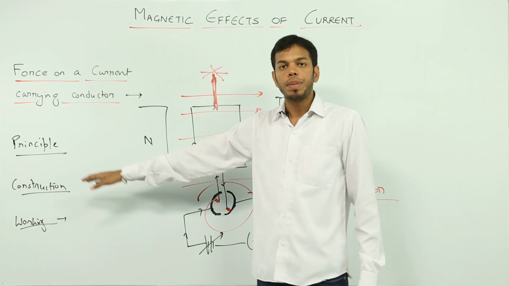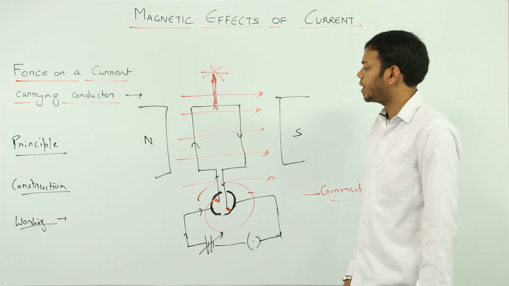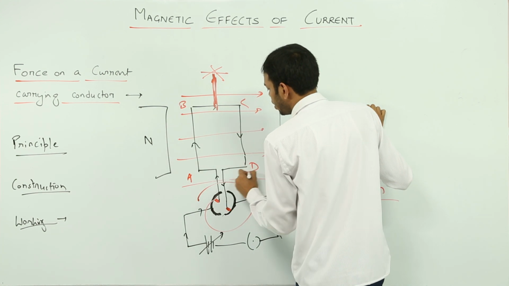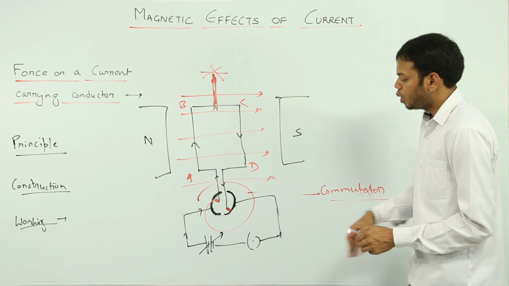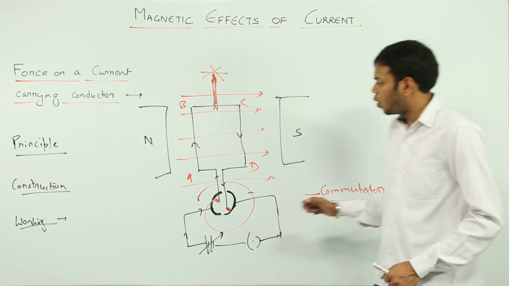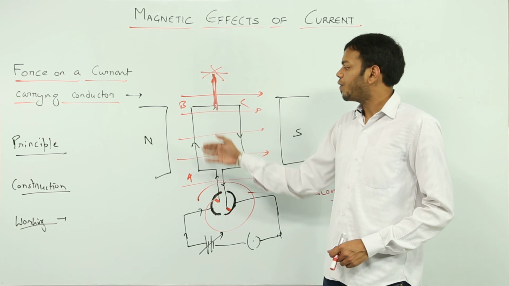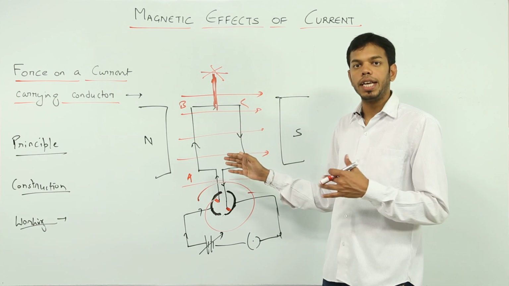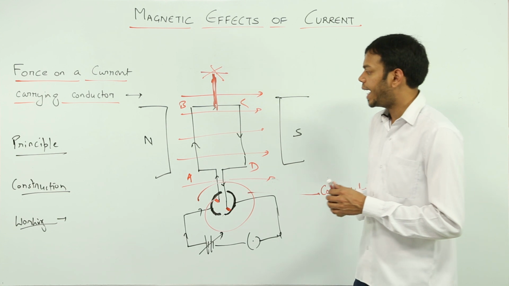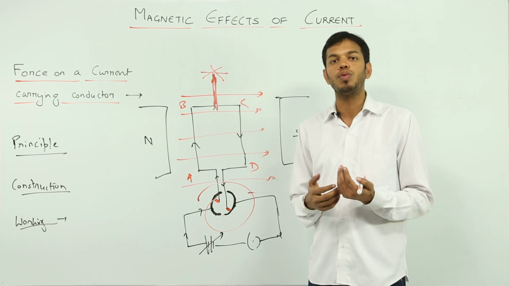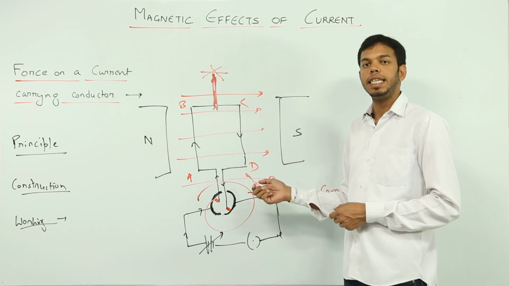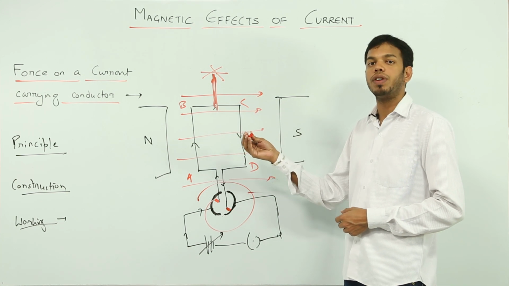And then working. You have to explain working by starting with the point that consider this loop is ABCD, which is connected to the source through the commutator arrangement. Now, according to the direction of flow of current in AB, which is from A to B, by applying Fleming's left hand rule, we see that the force experienced by this wire is in the vertically outward direction, whereas the force experienced by the wire CD is in the vertically downward direction, or inverse direction.